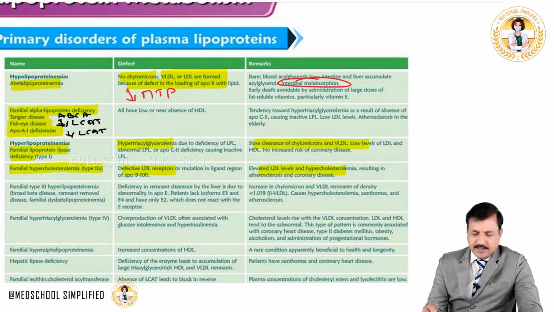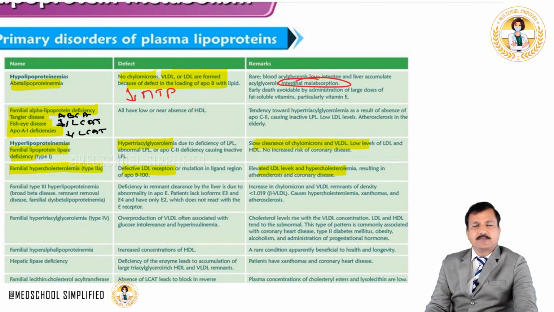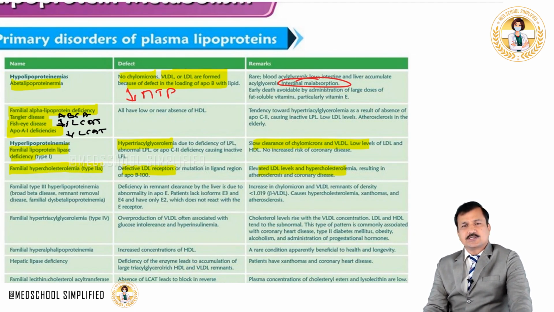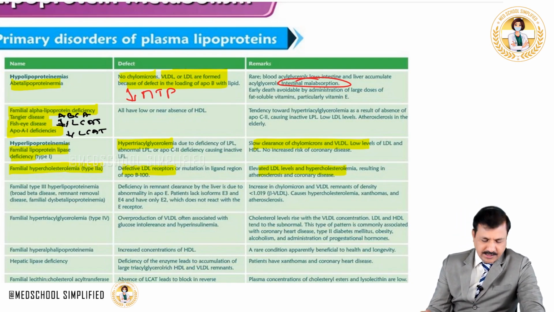So of course elevated levels of LDL will be there in the circulation, giving rise to hypercholesterolemia and atherosclerosis in early stages. Basically, if it is a homozygote condition, atherosclerosis will appear earlier on, and death usually occurs before 20 years of age. And if it is a heterozygote condition, the severity will be less compared to homozygote.